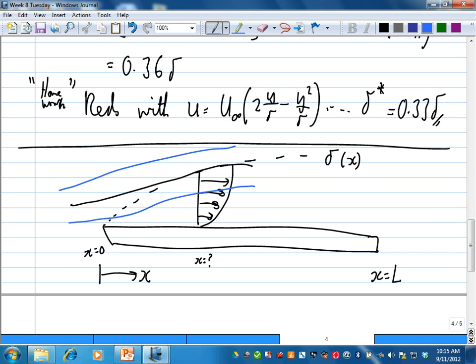Streamline means at this point, let's consider this streamline. The velocity is always tangent to the streamline. Before I draw a control volume, this dotted line is the del.